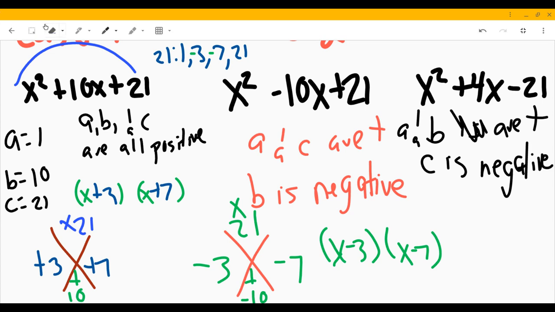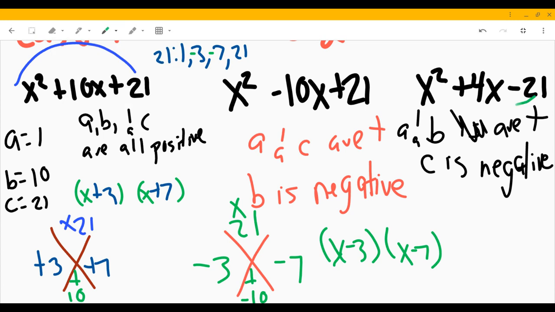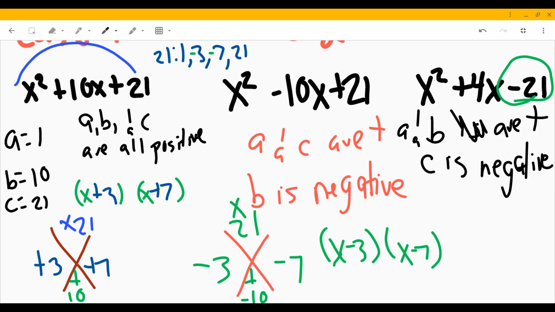So whenever c is negative, that means that one of our factors is going to be positive and one of our factors is going to be negative. Think about it. In order to get a negative number, one number being multiplied has to be negative, and the other one is going to be positive. So for all these three examples, I use the same coefficients just so you can see how each one of these examples will be applied.